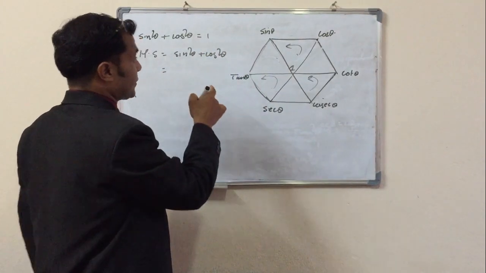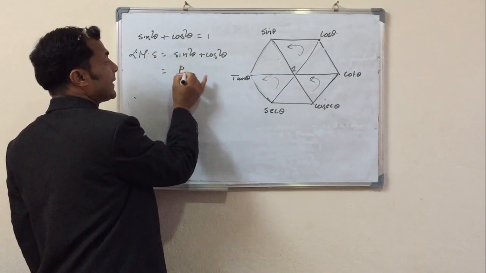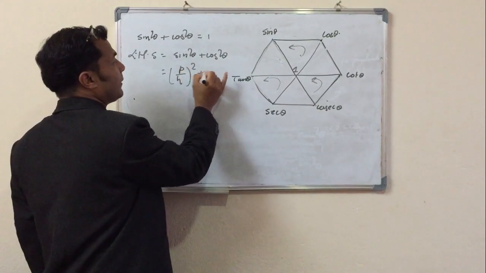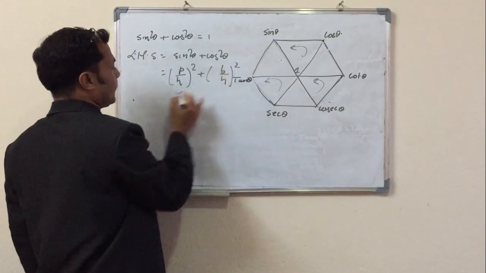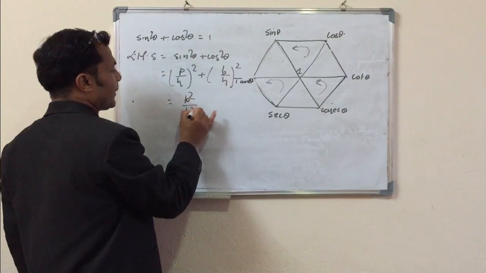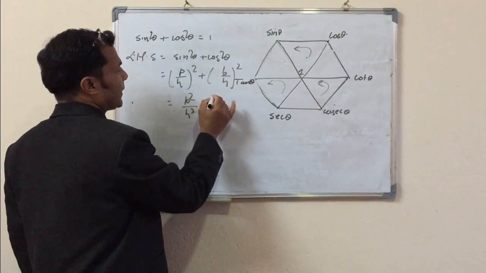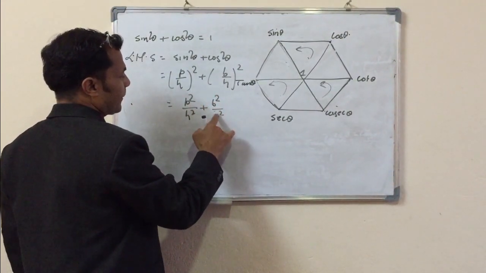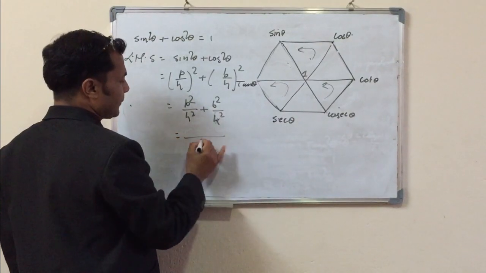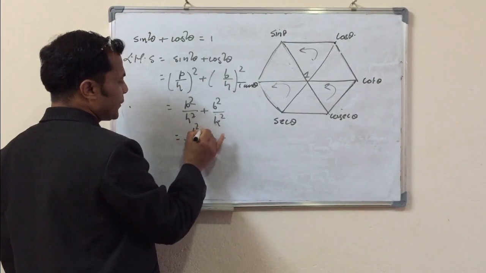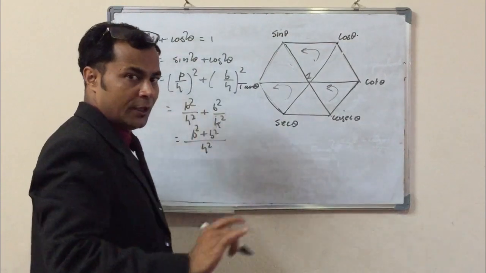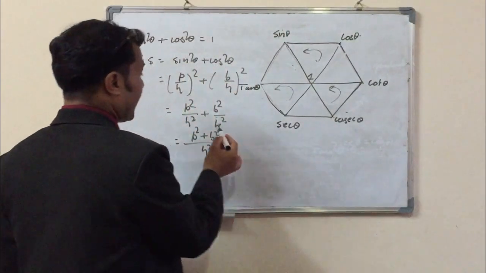As we discussed before, sin means p by h. So p by h whole square plus cos, b by h whole square, and that is p square by h square plus b square by h square. Just take LCM, h square, so it becomes p square plus b square. And as I told you, Pythagoras formula.